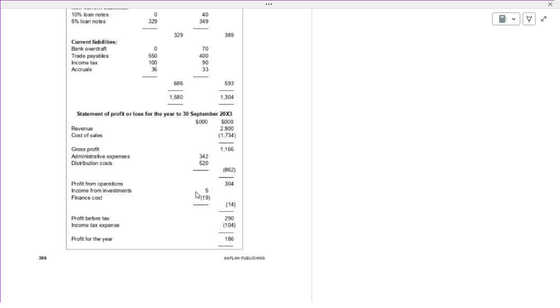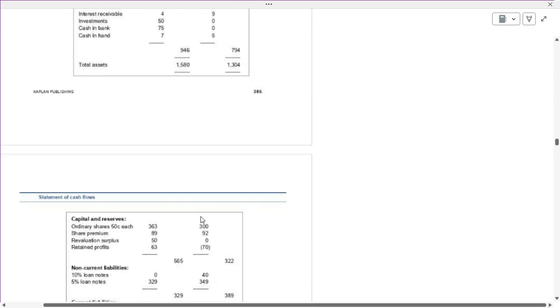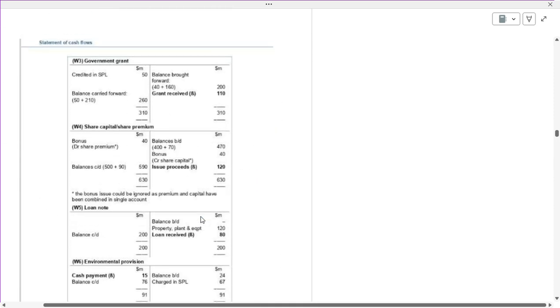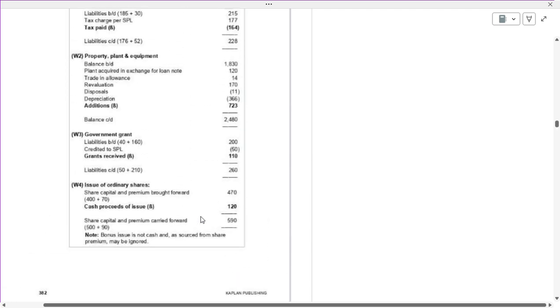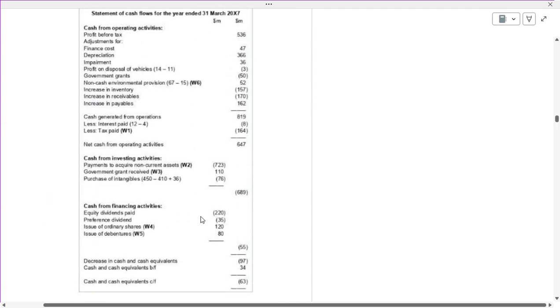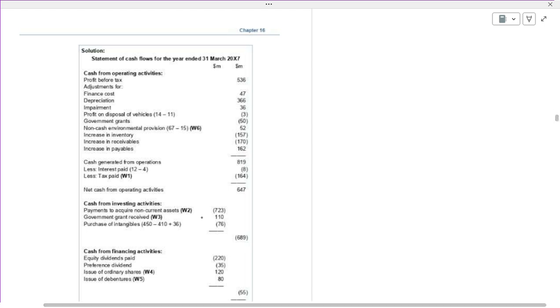Before we go, just have a look at how they have started. They have done the same thing, the cash from operating activities format. Make sure how we are doing this. This is step 1, this is step 2, and this is step 3.